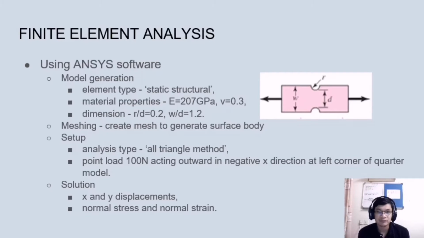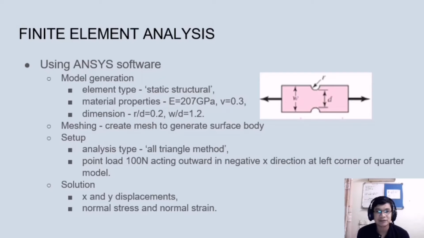So, by using ANSYS software, we use the model generation, which is the element type. We use static structural, with material properties: the elastic modulus we use 207 gigapascal and Poisson ratio equal to 0.3. For the dimensions, R over D we use 0.2, W over D equal to 1.2. For the meshing, we create the mesh to generate the surface body.